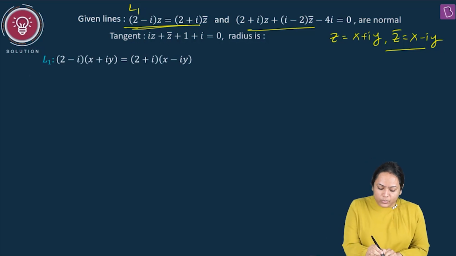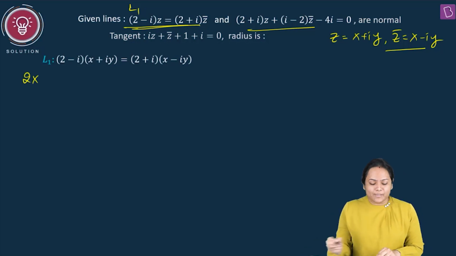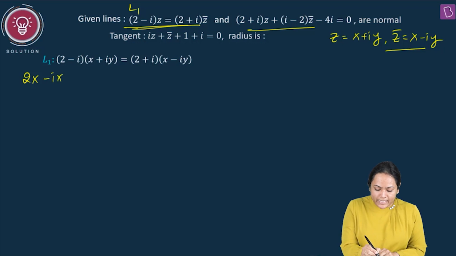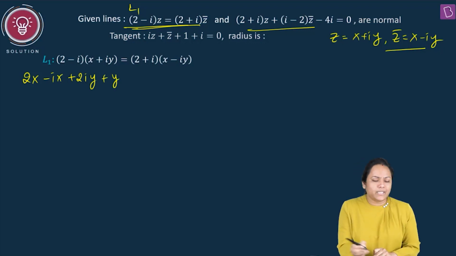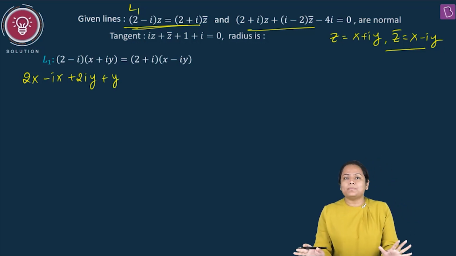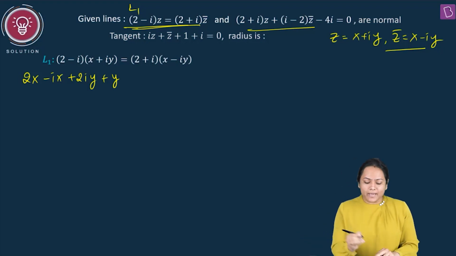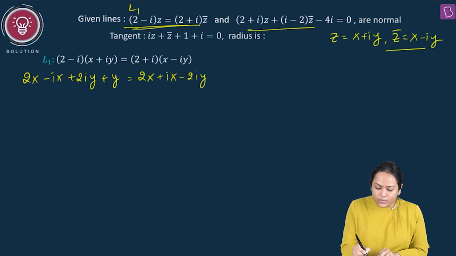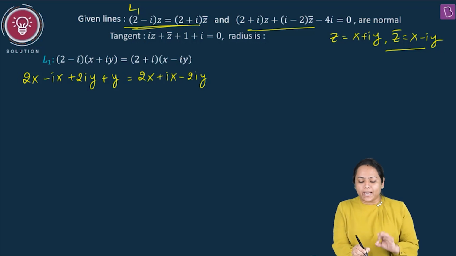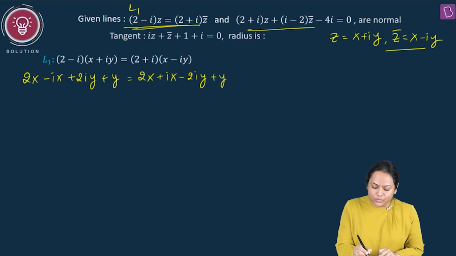When we simplify, we'll just multiply. It's going to become 2x minus iota x plus 2 iota y, and then I'll have minus iota square y, which is definitely y, because iota square is minus 1, right? On my right hand side, I'm going to have 2x plus iota x minus 2 iota y, and then again minus iota square y, that is plus y.